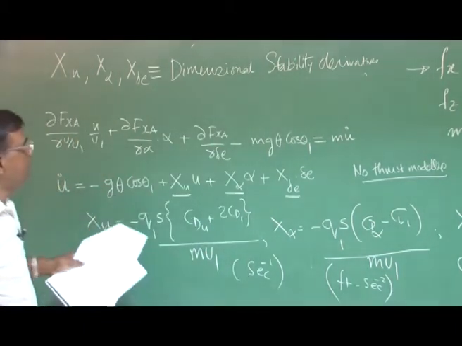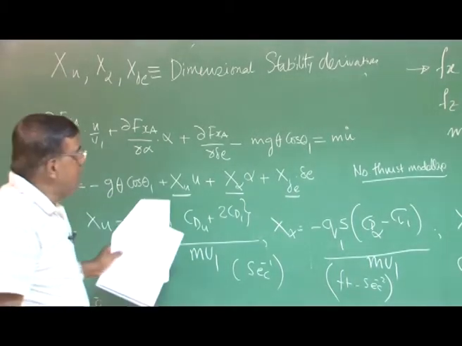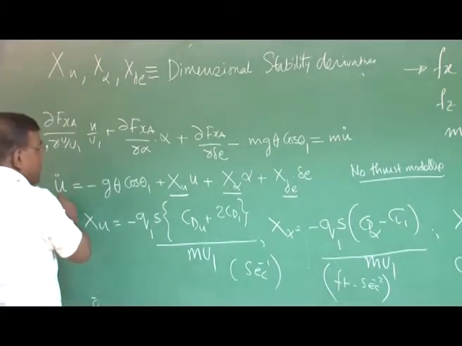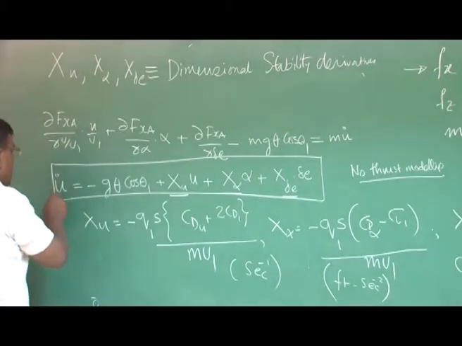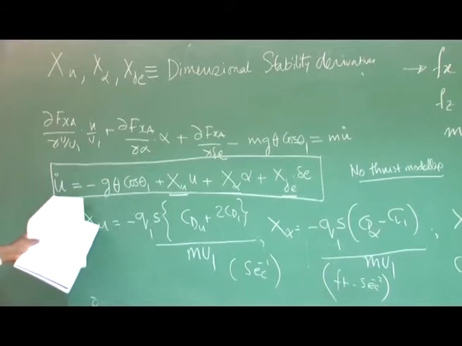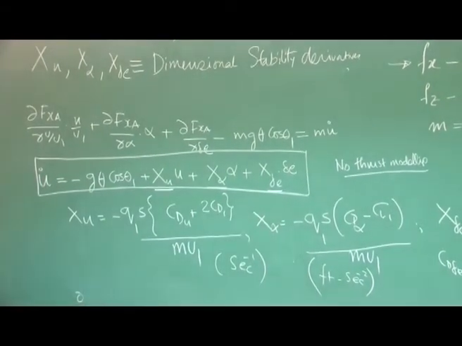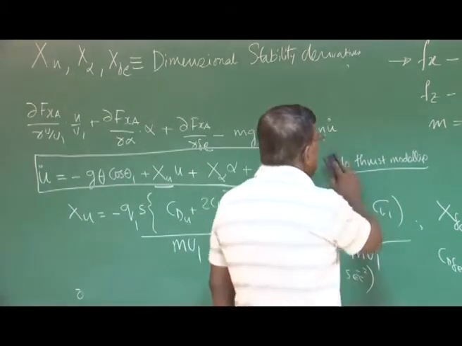So this is an example of how to simplify the equation into a convenient form for our further analysis. I have demonstrated it for the first equation, Fx, which is u dot equal to this plus X delta E into delta E. A similar exercise I will do for Fz.